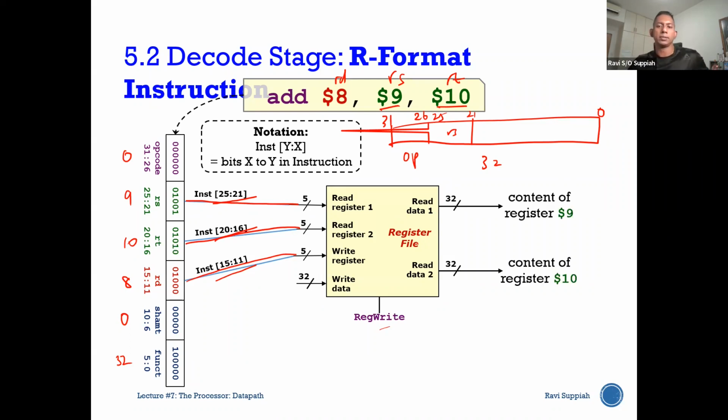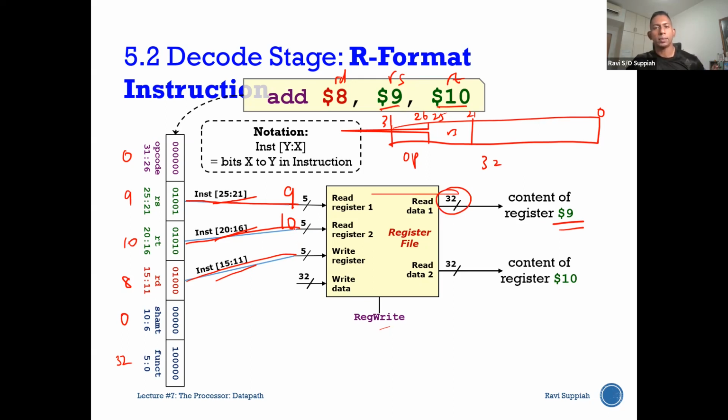And what will happen? In this case, what will come here is the content of register 9, and what will come here is register 10. The read register 1 is 9, which means I'm interested to read the content of register 9, so that is what will come out over here.